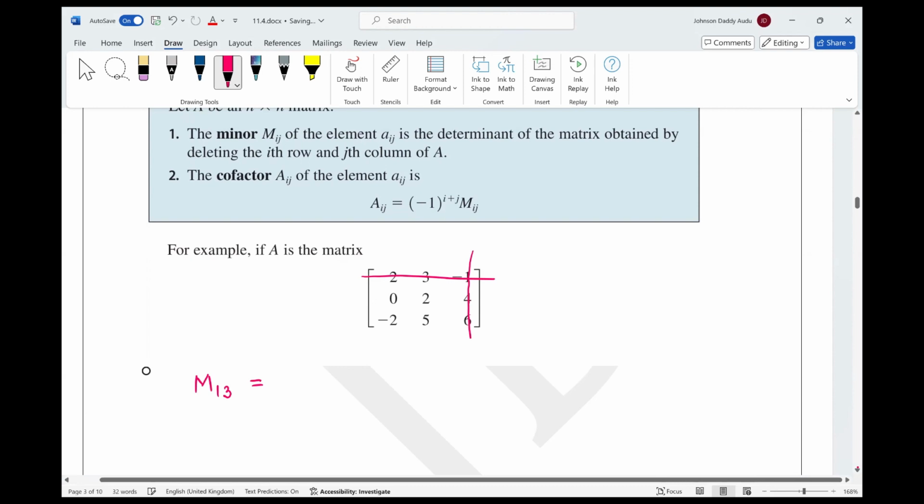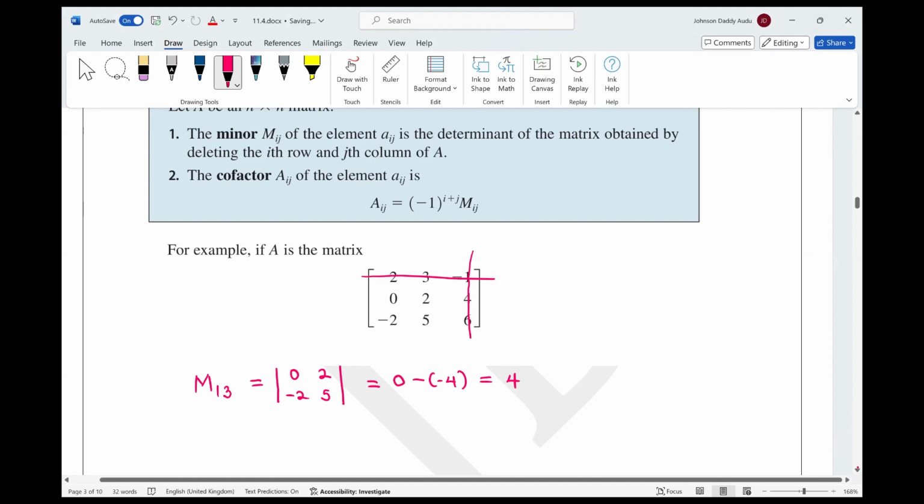This is it. You can see we are left with a 2 by 2 matrix. So Mij is just the determinant of the 2 by 2 matrix that is remaining. And this will be 0 minus 4. So it means M13 is just equal to 4, which is the minor.